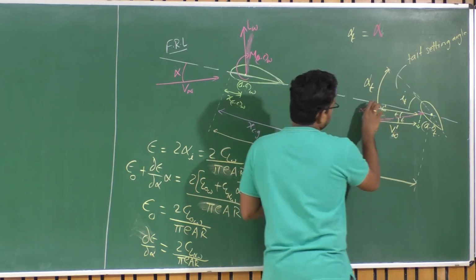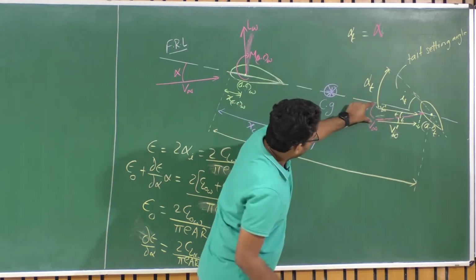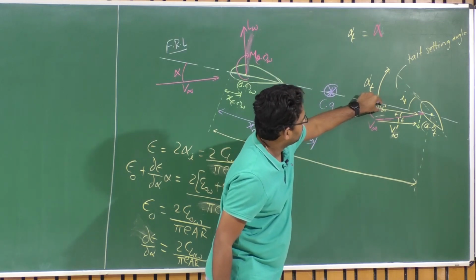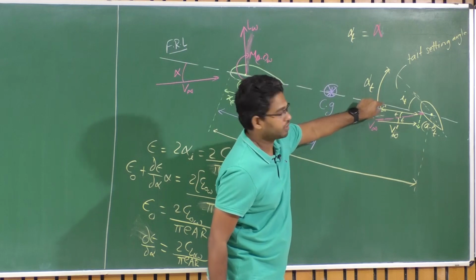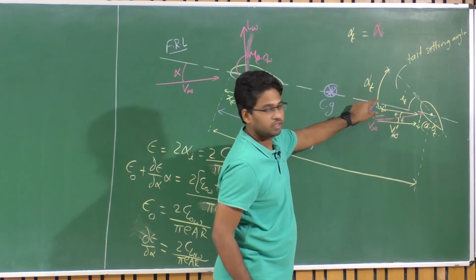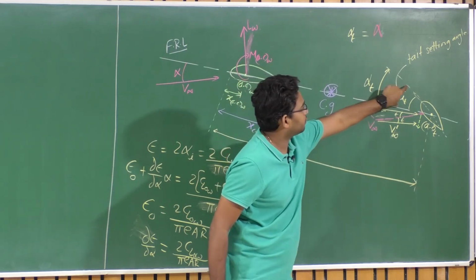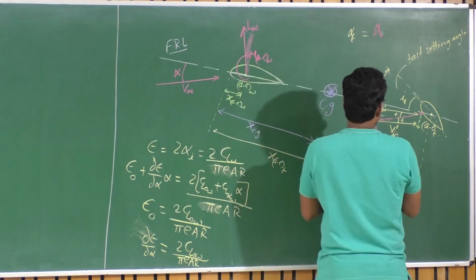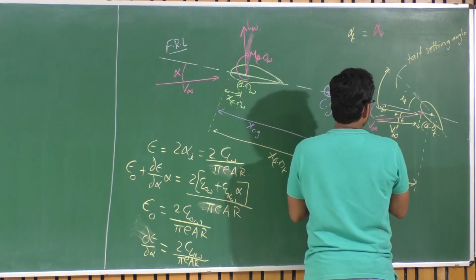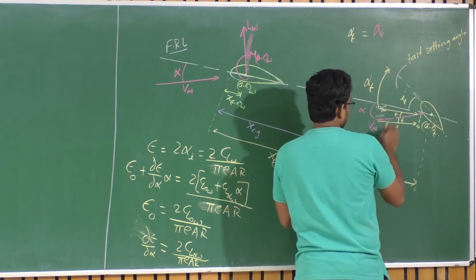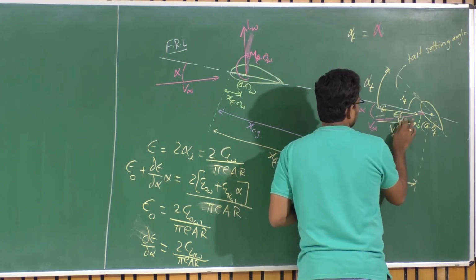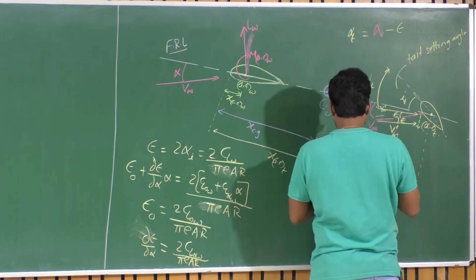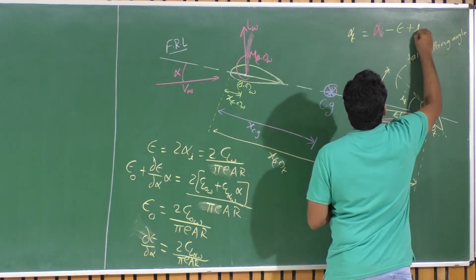So this is alpha minus this particular angle, which gives me the angle made by V infinity with respect to the fuselage reference line, right? That angle plus i of t will be my total angle of attack. Okay, so alpha minus epsilon. So epsilon is because of the downwash here, right? Indicated by this green line. Alpha minus epsilon plus i of t, the tail setting.